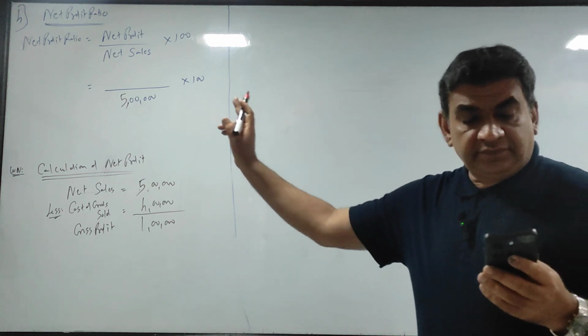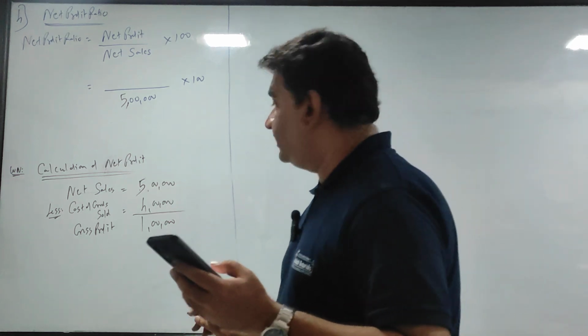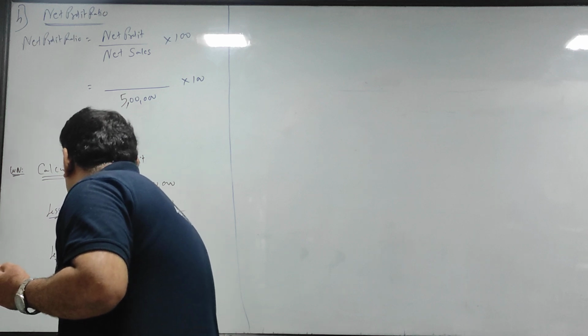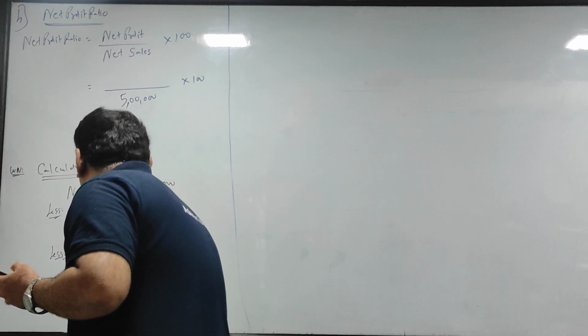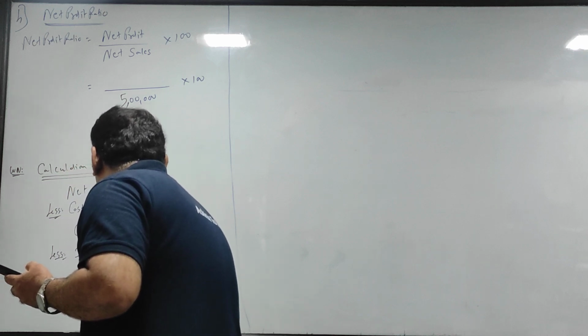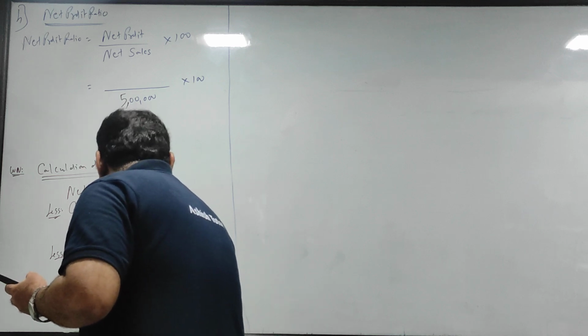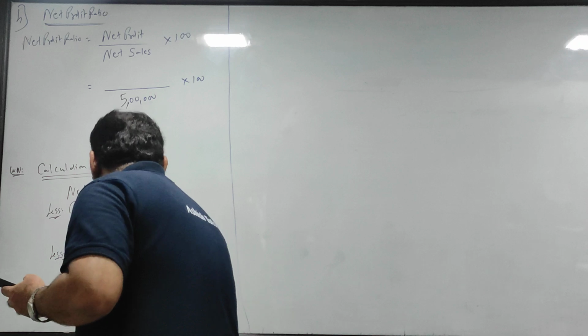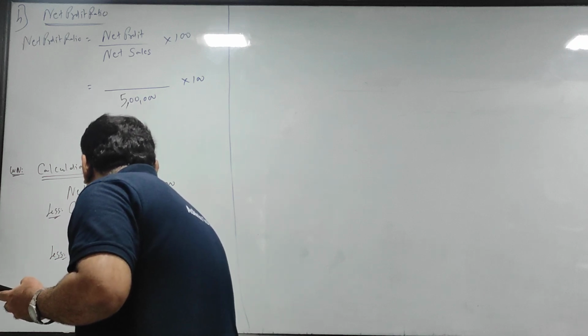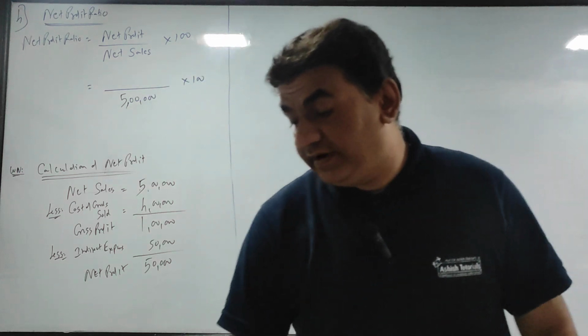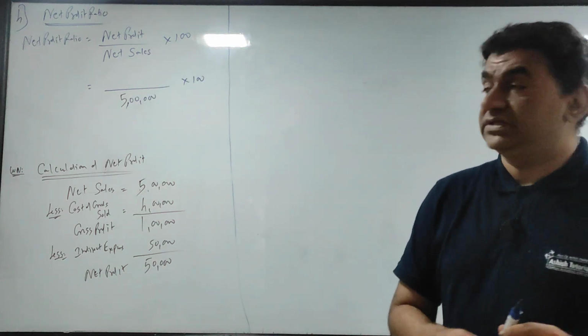So what I do, from this gross profit I will deduct indirect expenses. कितना दिया है? 50,000. So 1 lakh minus 50,000 gives you 50,000. That's your net profit. So my net profit is 50,000.